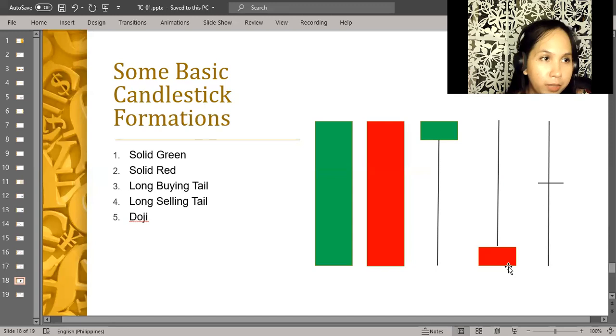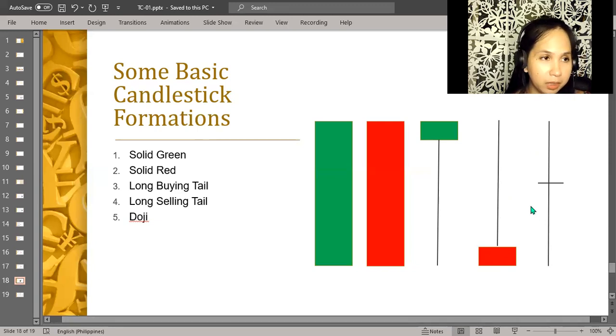It started right around here, and tried to move up and was pushed back down. And at the end of the day, it's the sellers who won, leaving a long selling tail. What does that mean? The area of the tail here is the area of resistance for the supply, the sellers, is heavier than the demand. So what we refer also to as the buyers.